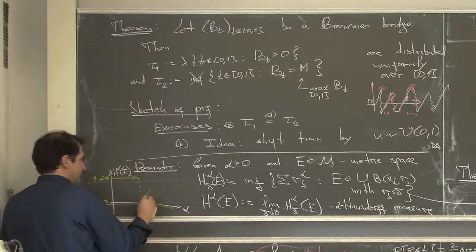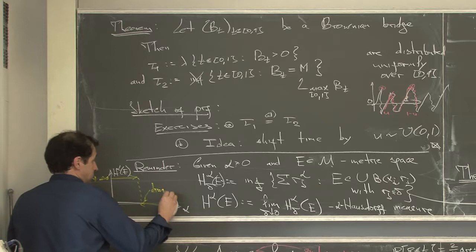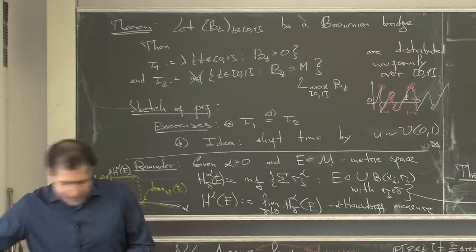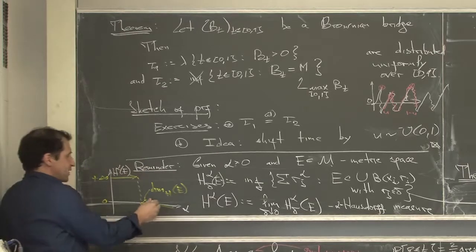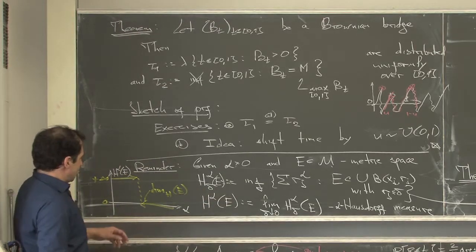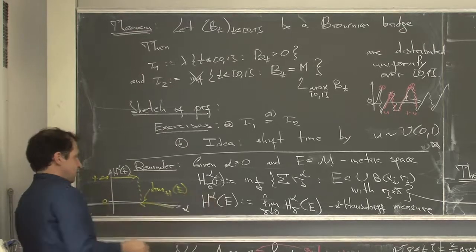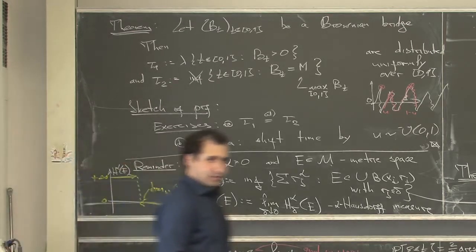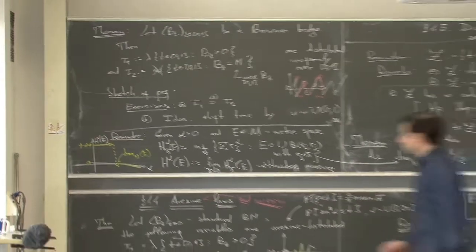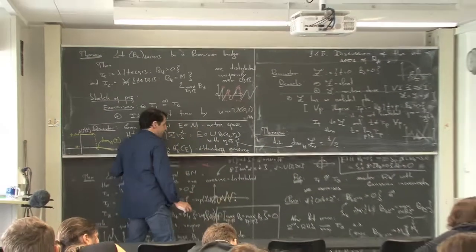This is called the Hausdorff dimension. Basically the lemma says that if it's 0, then it's 0 everywhere to the right. If it's finite, then it's 0 everywhere to the right and infinity everywhere to the left. Okay, good, so that was a reminder.